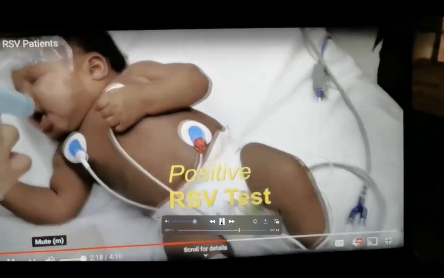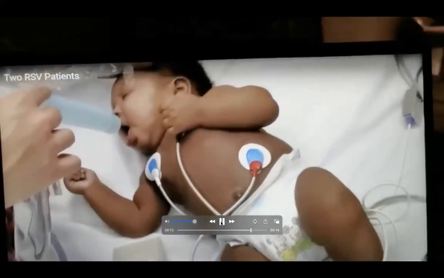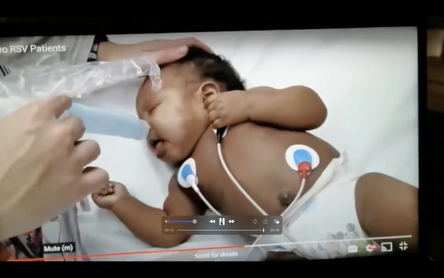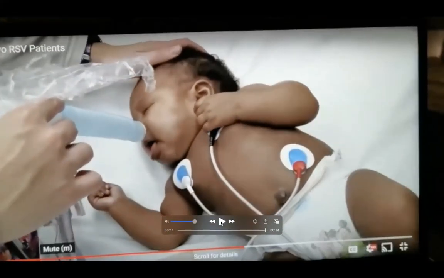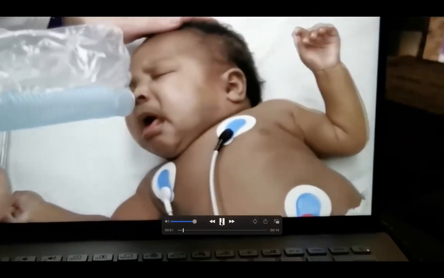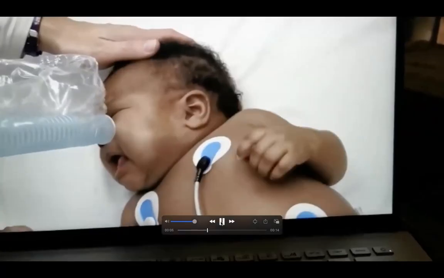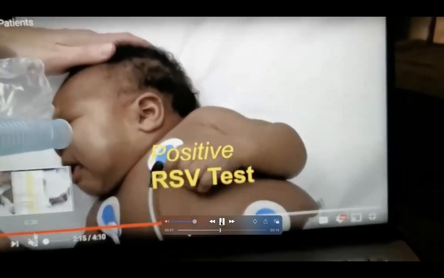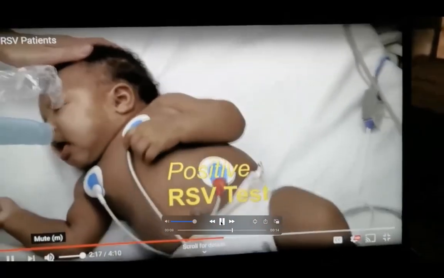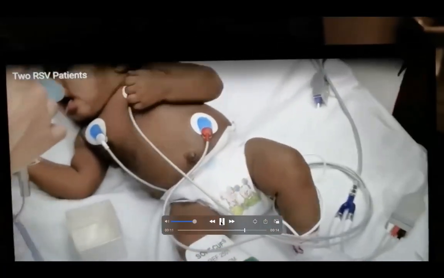Constant cough. All right. You run the fever at home. Constant cough. All right. You run the fever at home.